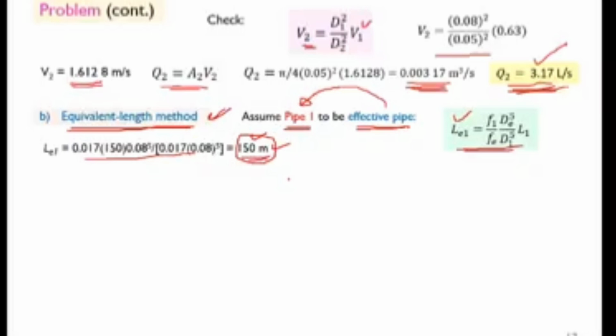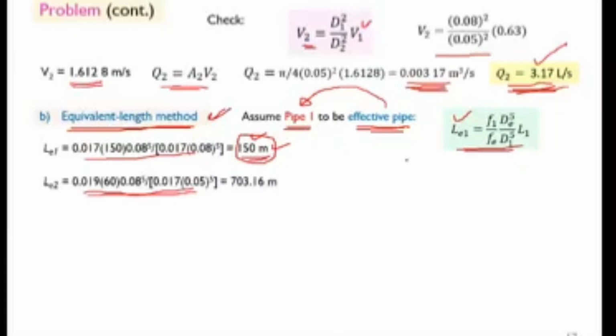Clear? Next, we calculate the effective length for pipe 2. Now in that case, you plug in the values, because we know all the values for pipe 2 and the effective pipe. And the effective pipe will get all the values from pipe 1, because we declared pipe 1 as effective pipe. So it means that FE will be equal to F1, DE will be equal to D1, and L1 will be equal to LE.